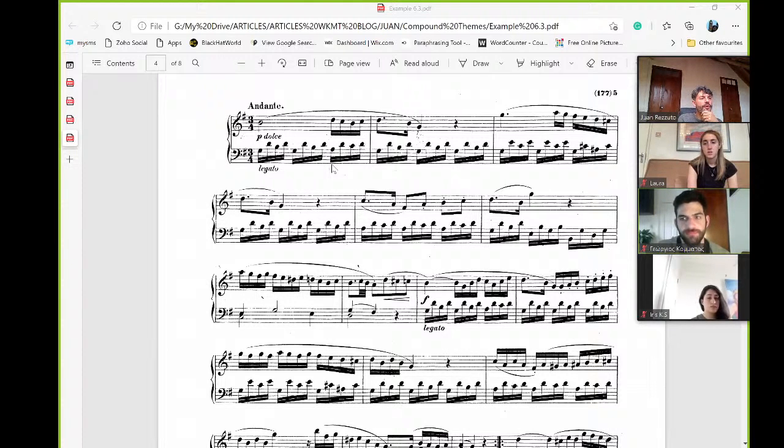Who can do the first two bars? Basic idea. The first two bars are basic idea, precisely.